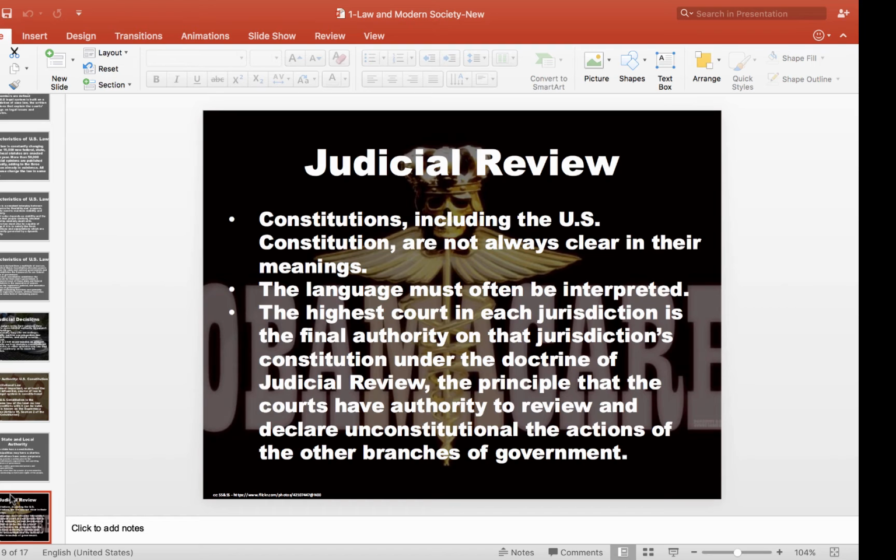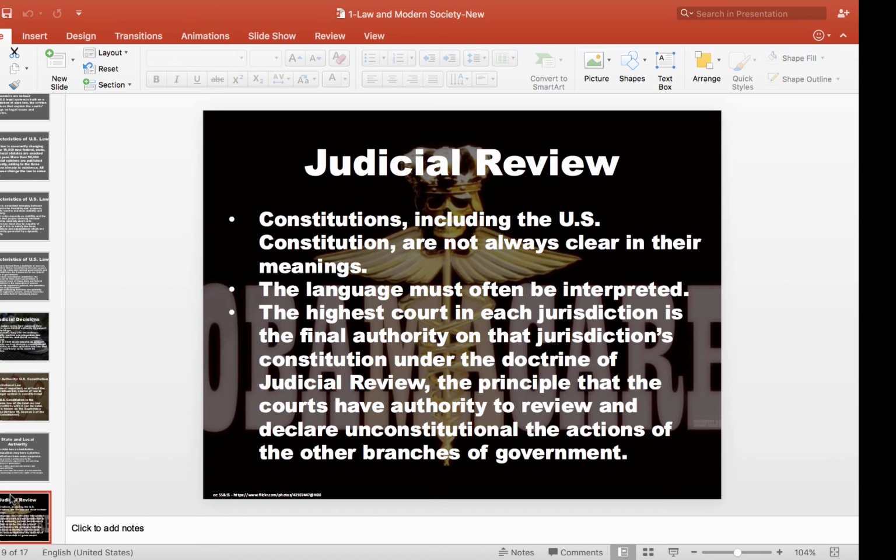Madison, the Supreme Court said that one of its powers should be to review the laws that had been made by the U.S. legislature, by the U.S. Congress.